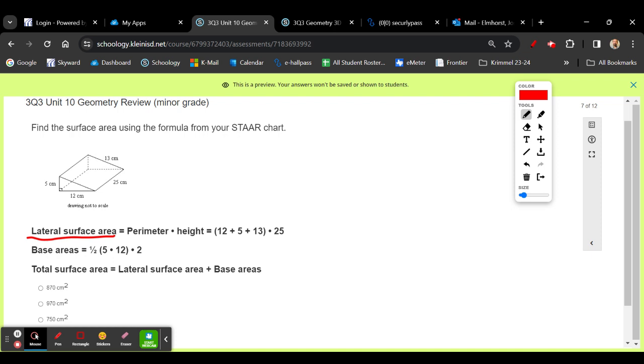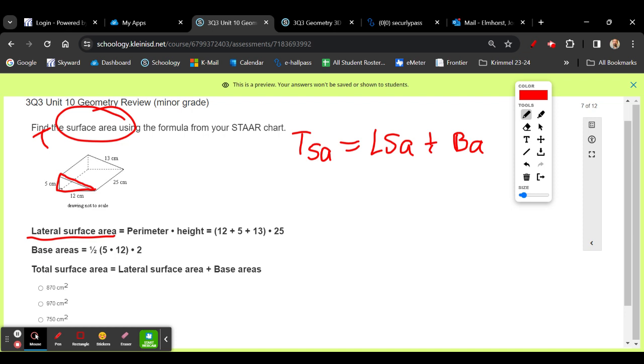It looks like we're looking for the surface area. It doesn't say one thing in particular, so that's going to be total surface area. Total surface area of the prism. So total surface area is going to be the lateral surface area plus the base area times 2 for the prism.